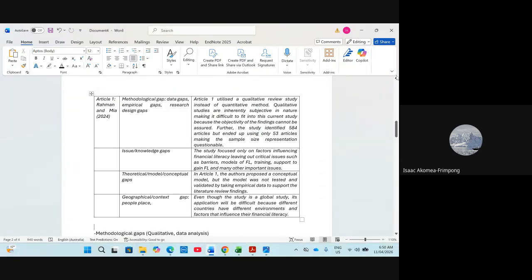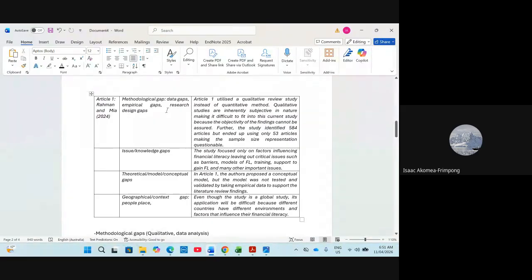That's a gap that is worthy of investigating. Like, for example, in this case where I mentioned that they had 584, but they ended up using 53, which is low. If you look at the percentage, 53 out of 584 is low. So it's small, quote unquote.